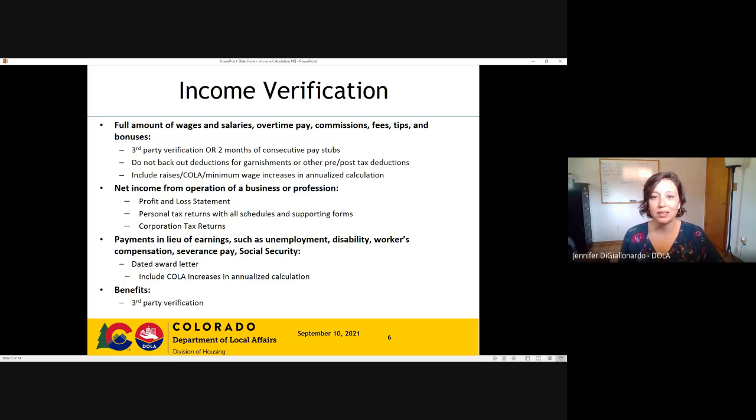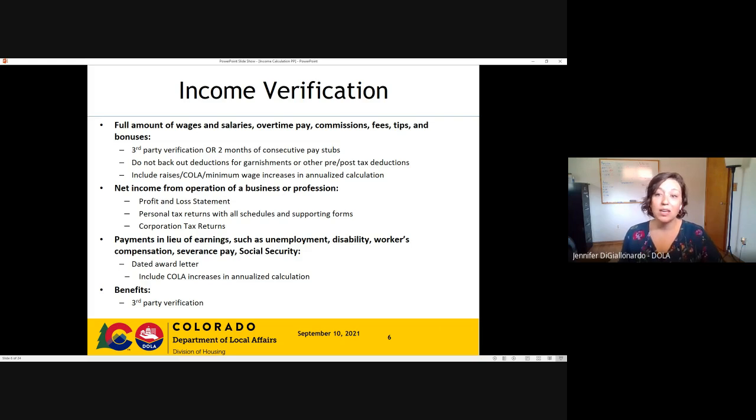You'll typically see this in the right-hand corner of the Social Security award letter, some date that verifies this was issued on September 10th, and we can back that out and say, okay, this was dated within 120 days of that lease up. Typically, we have the COLA increase, that cost of living adjustment. It will be mentioned on that Social Security award letter, and so be sure that that is also considered projected forward.